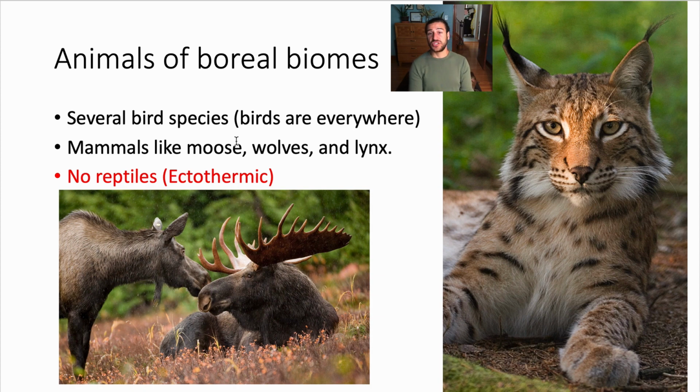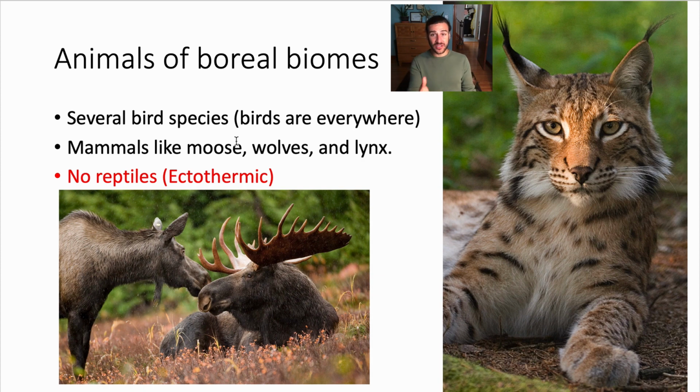Now there are some pockets of reptiles that are right on that border between temperate systems and boreal ecosystems, but you readily do not find reptiles. There have sometimes been amphibians that have really crazy adaptations, like antifreeze in their body.